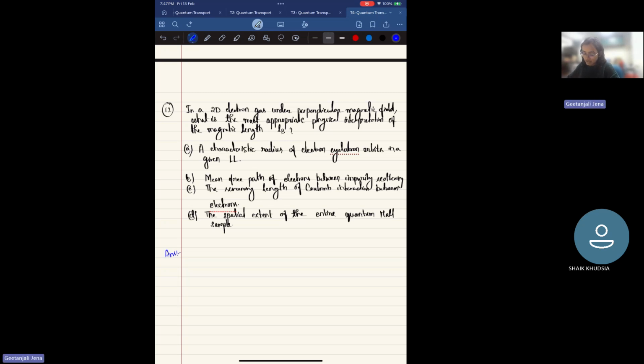What does LB mean in the physical picture? It's option A. It's the characteristic radius of electron cyclotron orbit in a given Landau level.